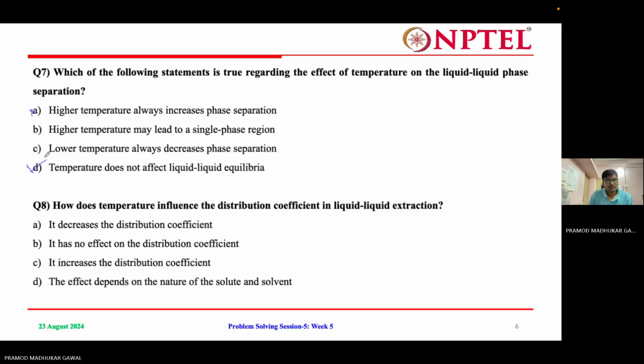So option B is correct here, because at a higher temperature it may lead to a single phase region.